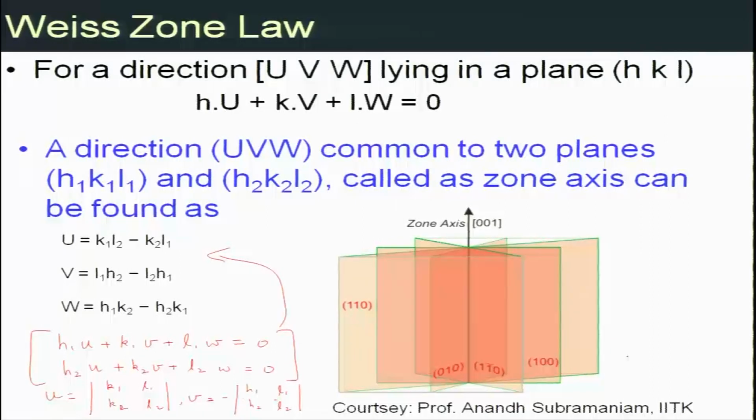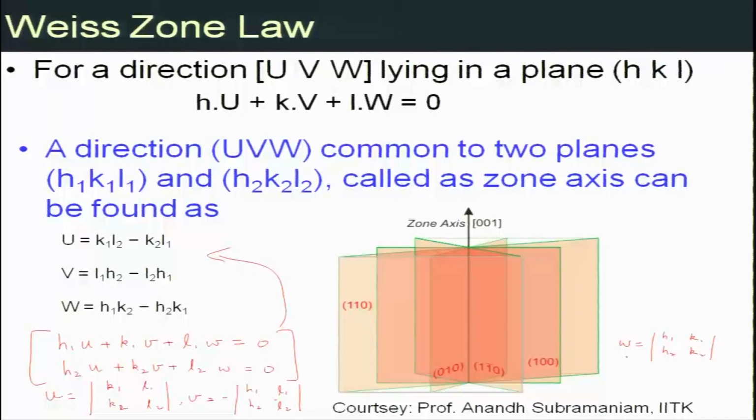Similarly, W will be equal to H1 H2, K1 K2. You can see that U is equal to K1 L2 minus K2 L1, V is equal to minus of (H1 L2 minus L1 H2), so it will become L1 H2 minus L2 H1, and W is equal to H1 K2 minus K1 H2. So that is how you can find the common axis between the two planes.